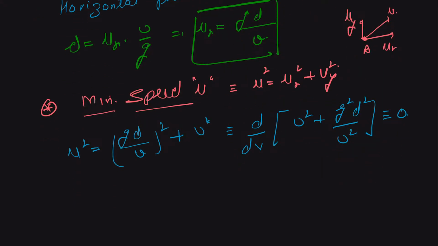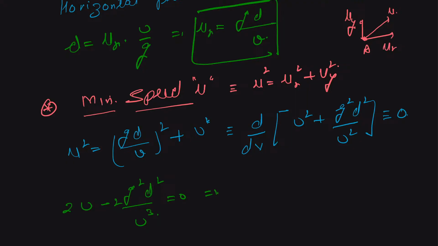Now it's almost done. We get 2v minus g square d square upon v cube multiplied by 2, equal to 0.